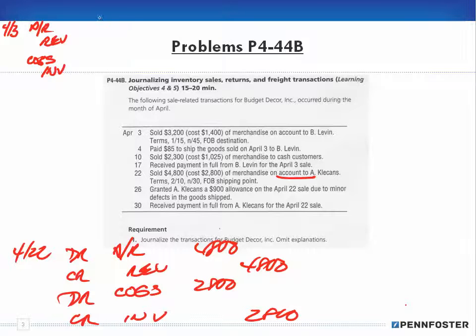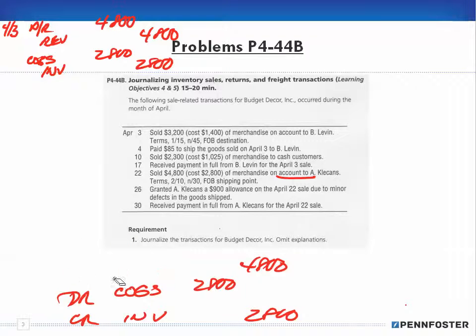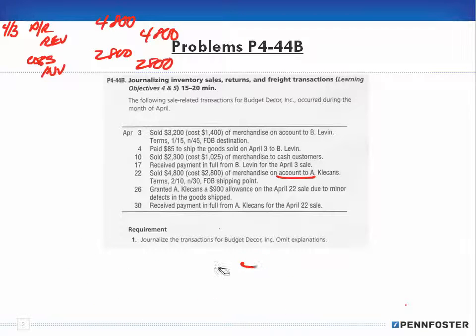So let me just write in those numbers here. Okay, so that's that entry, 4/22.